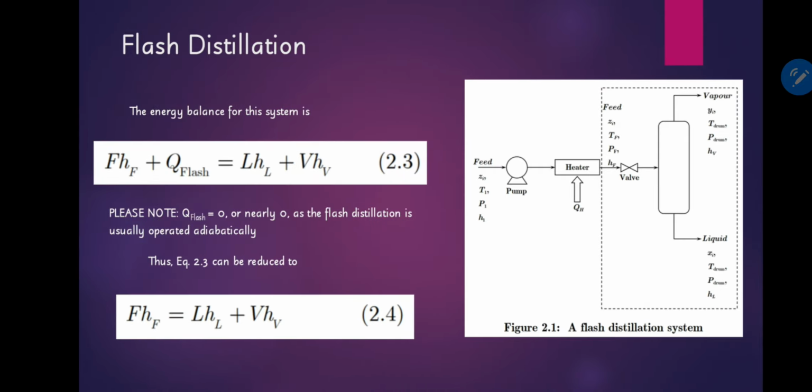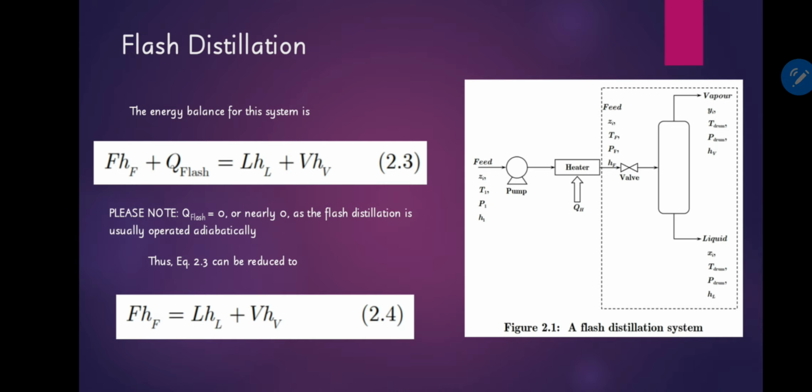Okay, now we proceed with the energy balance for the system. We're only talking here of the flash distillation system. Feed multiplied by HF, the enthalpy of the feed, plus Q of the flash drum, or the heat of the flash drum, is equal to the liquid phase multiplied by the enthalpy of the liquid phase plus vapor multiplied by the enthalpy of the vapor phase.